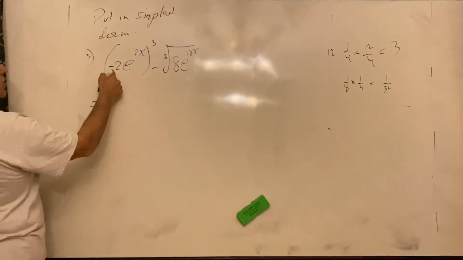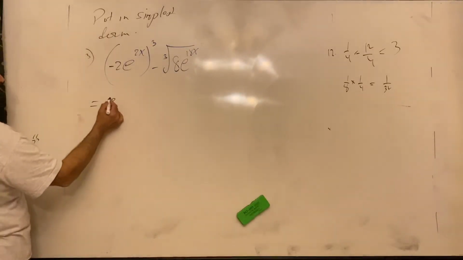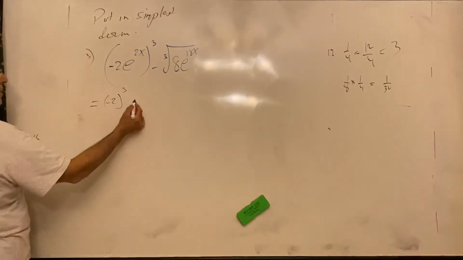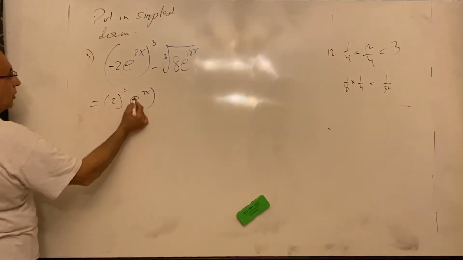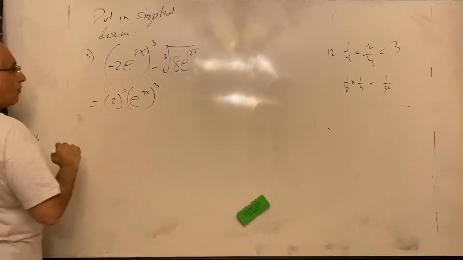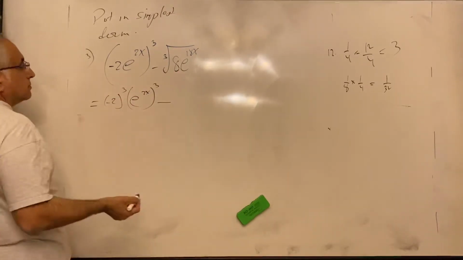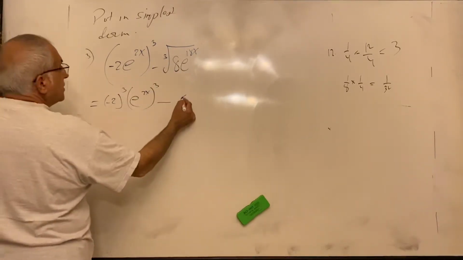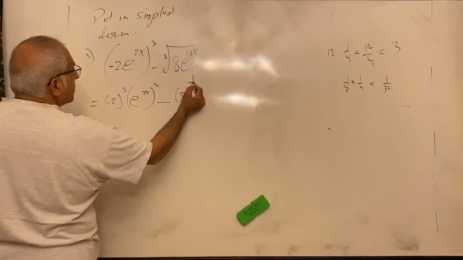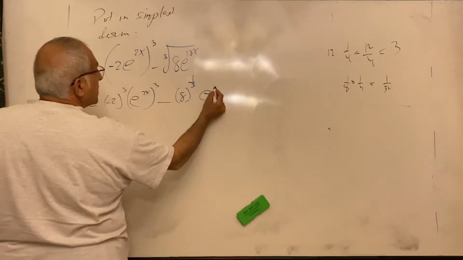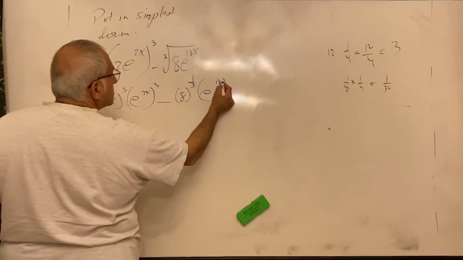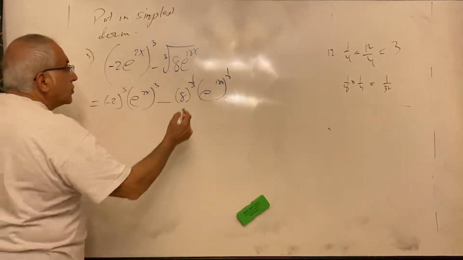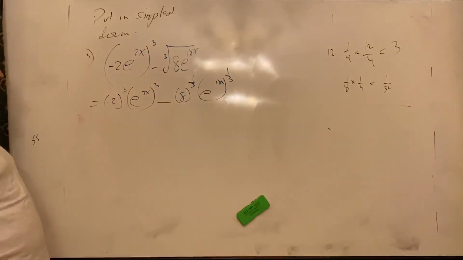Minus 2 to the power 3, step by step, and then e to the power 2x all to the power 3. This is the cubic root of 8, which means 1/3, times e to the power 18x to the power 1/3. So now I broke it down to the basics.